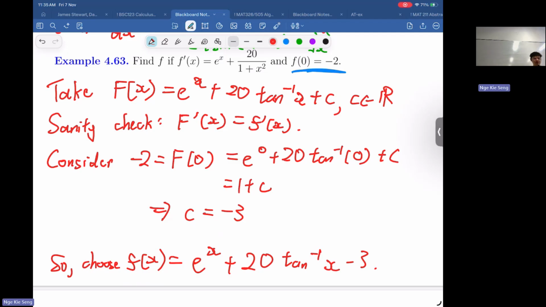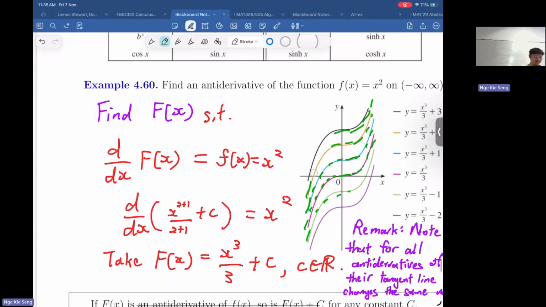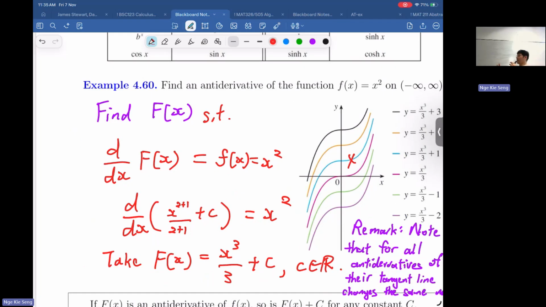So once you fix a point on your antiderivative, you are actually picking one of the antiderivatives. If you look at the picture here, let's say you want this antiderivative to contain some points on the blue line here. Maybe use the red one. Say your antiderivative contains this red point here.